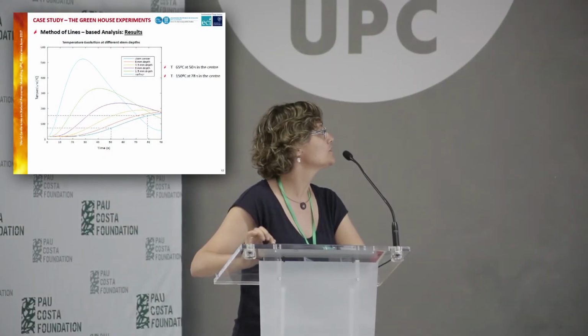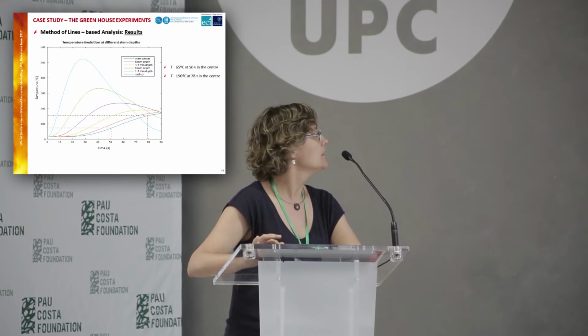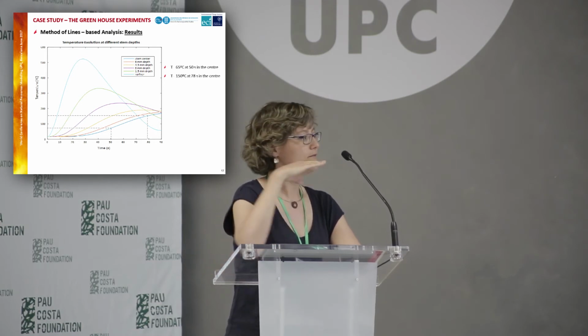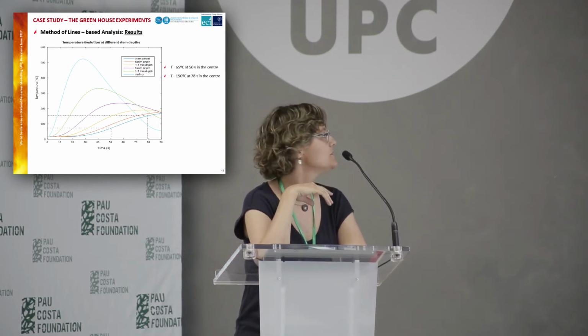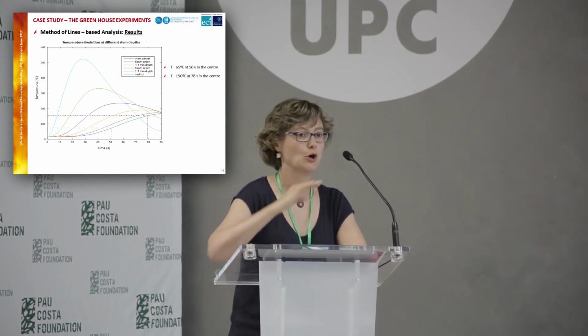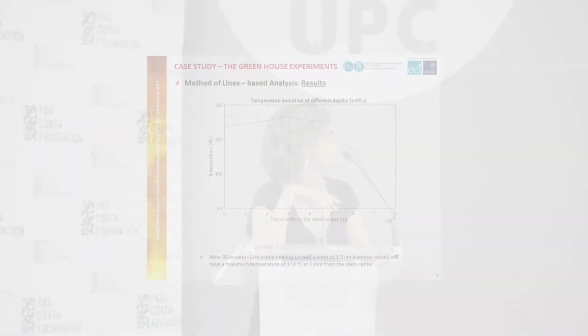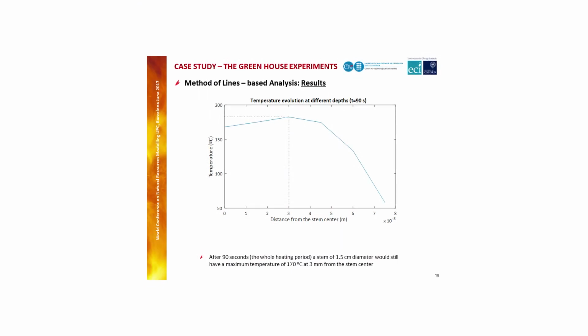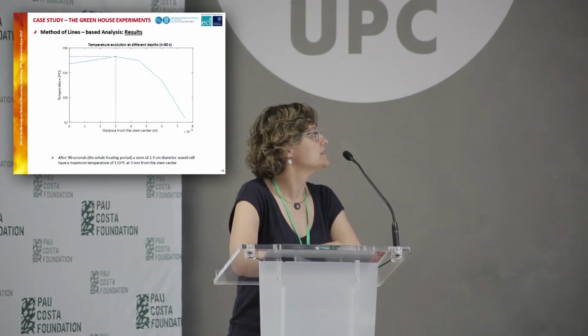According to the first experimental block, we came up with the mean temperature time evolution of the 1/3 thermocouples that we were using, and so we have been able to fit a polynomial curve for this temperature time evolution. And with that curve, we have calculated the mean temperature of the first 90 seconds, which is going to be our, let's say, fire impact on our stems, which has been around 280 degrees Celsius.